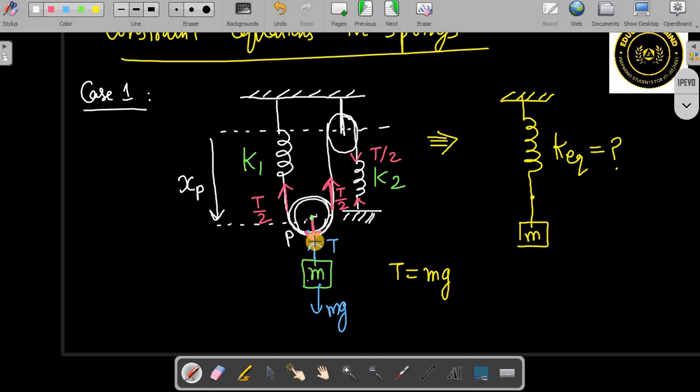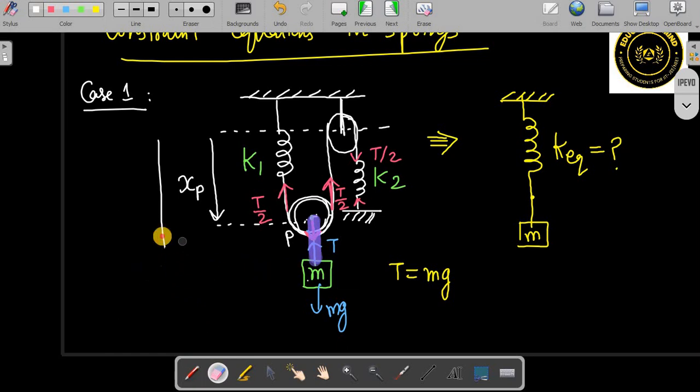If you want, you can also take the position of this mass, xm, but the displacement of the pulley and this mass is going to be the same, because the length of this string here is not going to change. So I think it is better not to consider this.